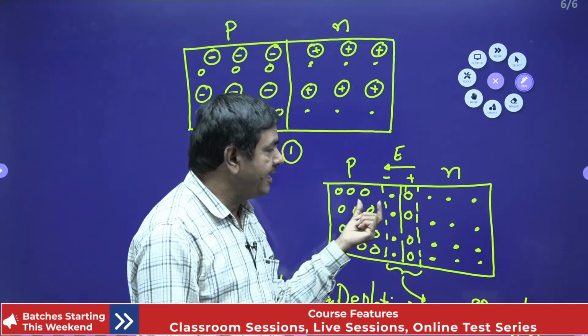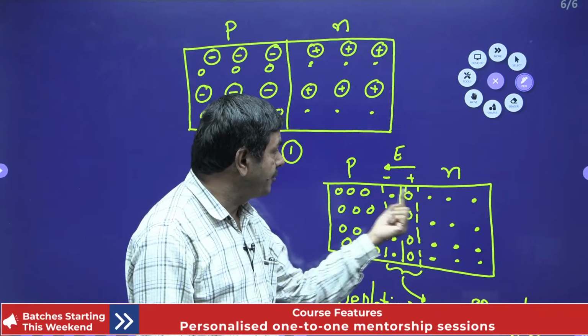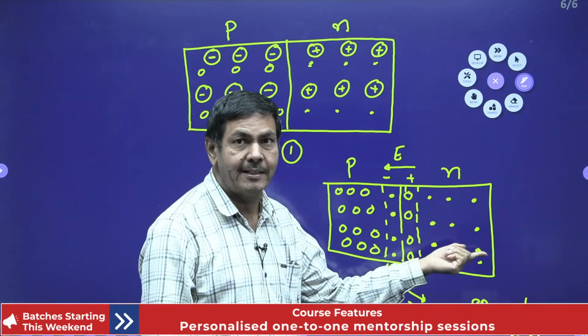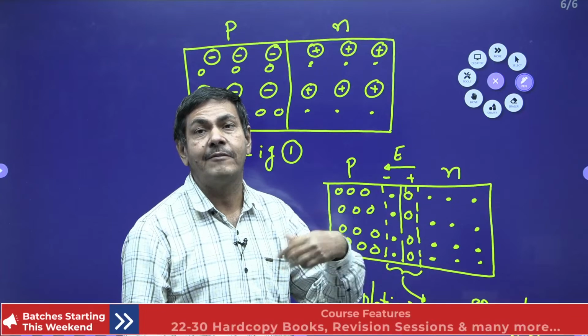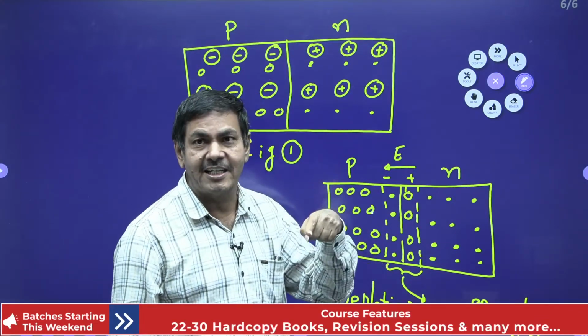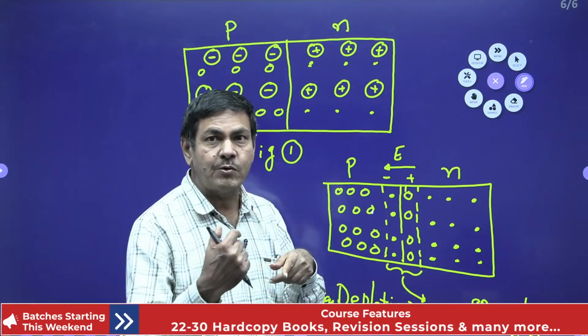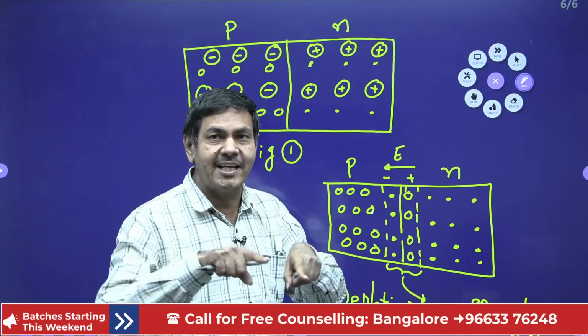These minority carriers immediately try to move from n-type to p-type and from p-type to n-type, developing the drift current. Whenever diffusion current increases, the drift current also increases. Both are in opposite directions.